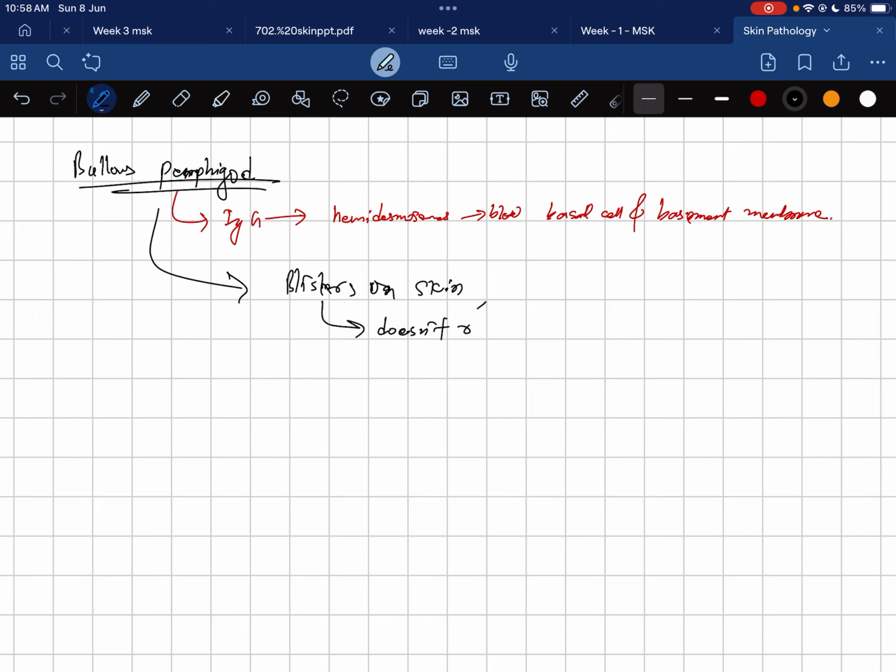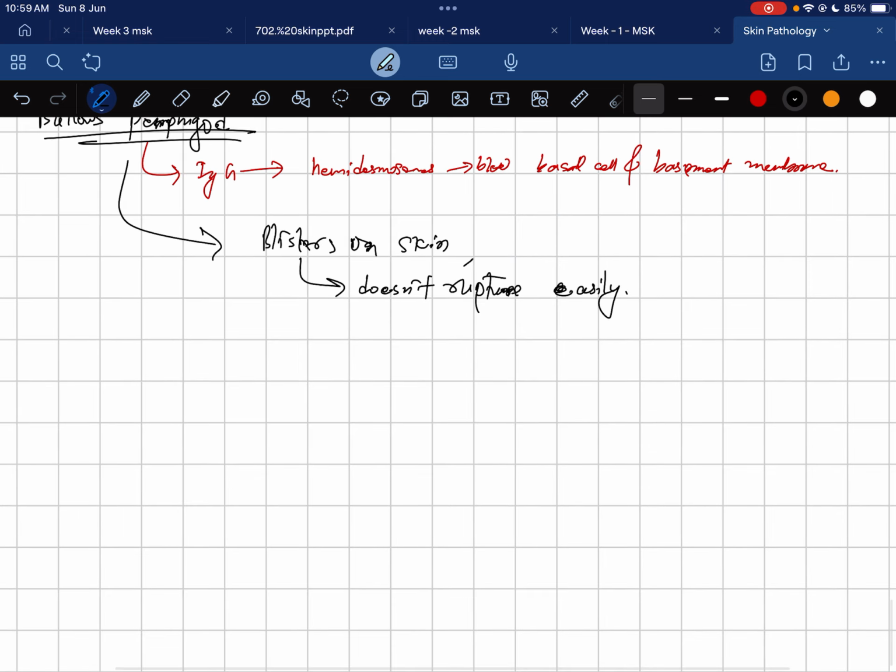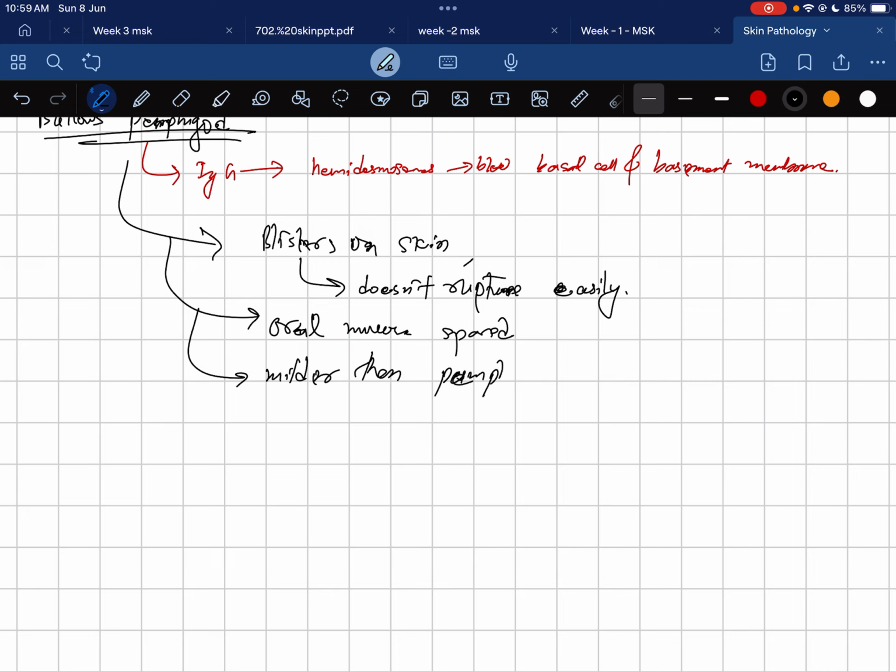The oral mucosa is spared in this disease. Clinically, it is milder than pemphigus vulgaris.